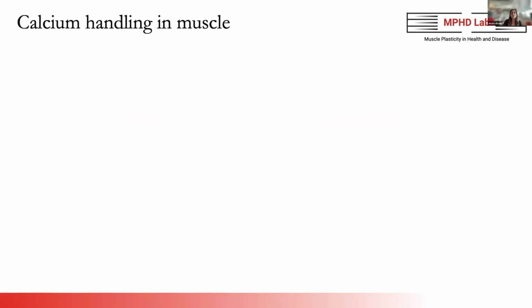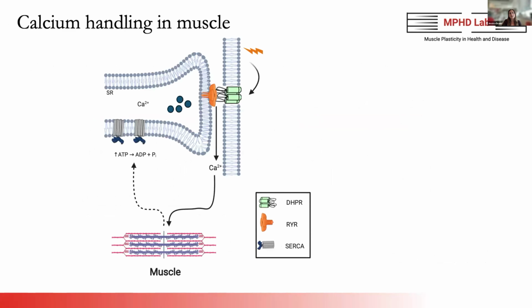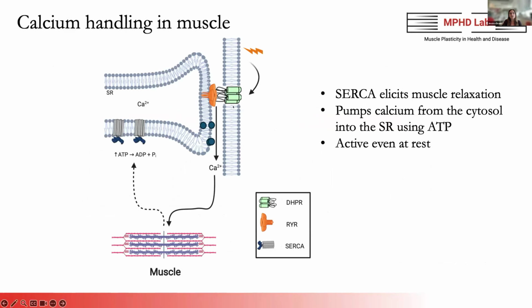Briefly, calcium is extremely important in skeletal muscle function and performance. When an action potential reaches our muscle fibers, it triggers release of calcium from its storage site, the sarcoplasmic reticulum, or SR, where it's able to bind to our contractile filaments and allow for force production.